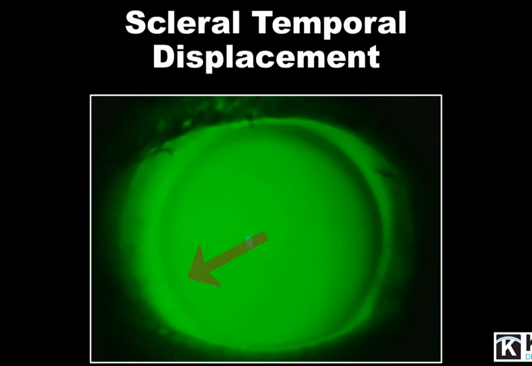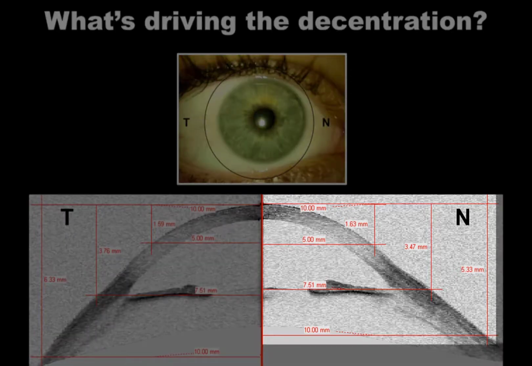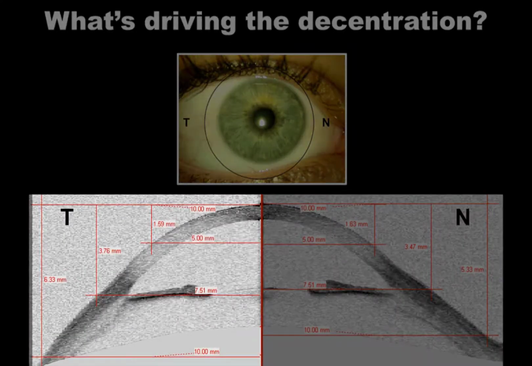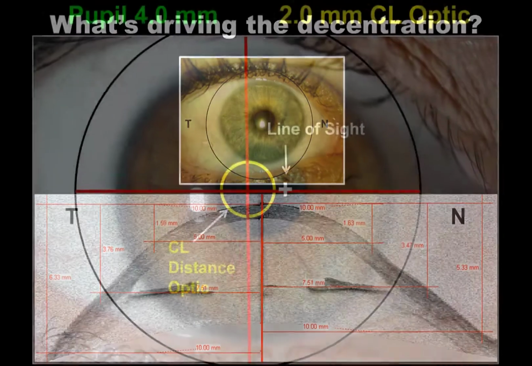The decentration is seen in that nasal superior thinning that results from the habitual inferior temporal positioning of the lenses. It seems clear that scleral shape is driving much of that temporal displacement, with the higher nasal elevation and lower temporal elevation. Then the inferior displacement may be driven by lid force and gravity.